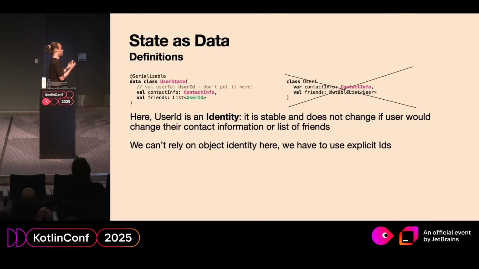Don't use Kotlin references as identities, because it doesn't work, because it makes stuff mutable. Yeah, we do that all the time when we work with databases. We have IDs everywhere, and I argue that we should be doing that anywhere else, because there is no reason not to.